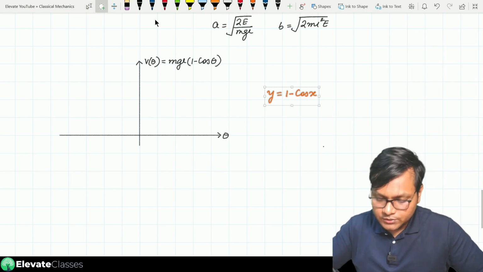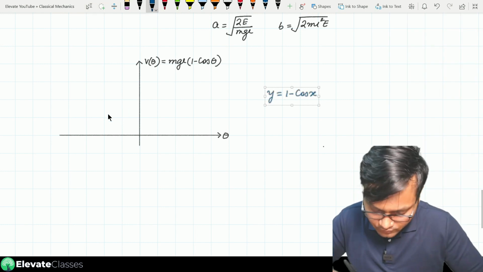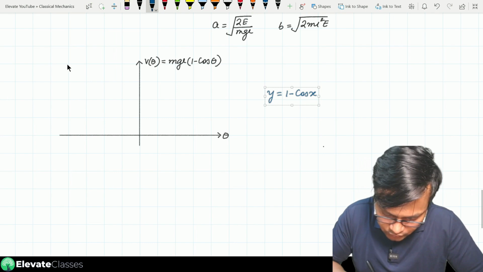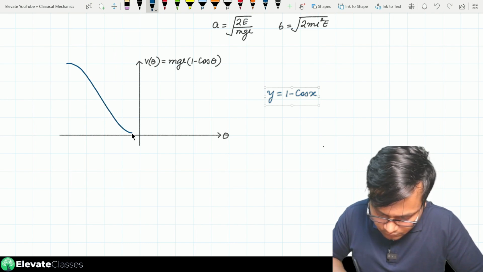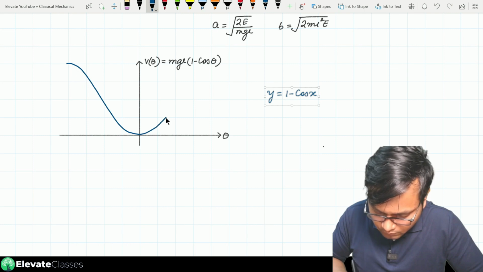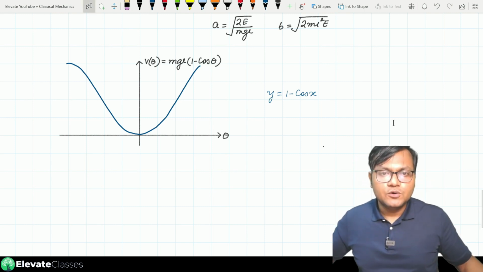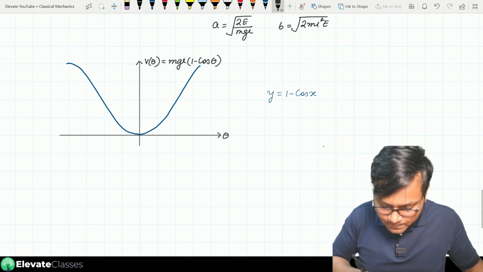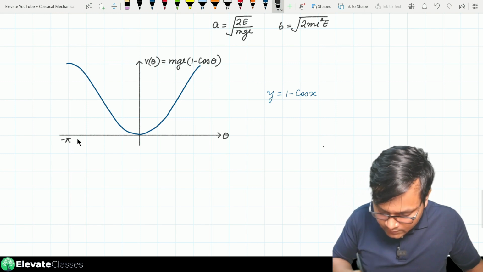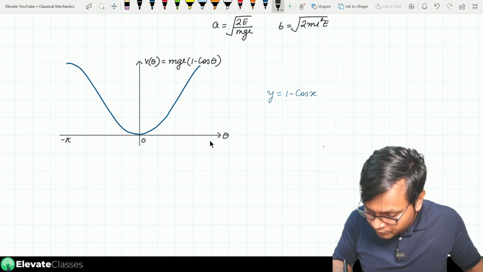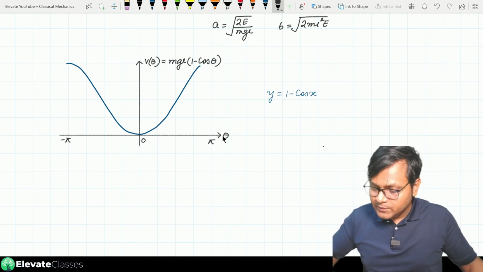So let me draw the diagram for you. So it goes from something like this. Okay, so we are going from minus pi, 0, to pi. माइनस पाई का मतलब क्या होता है?